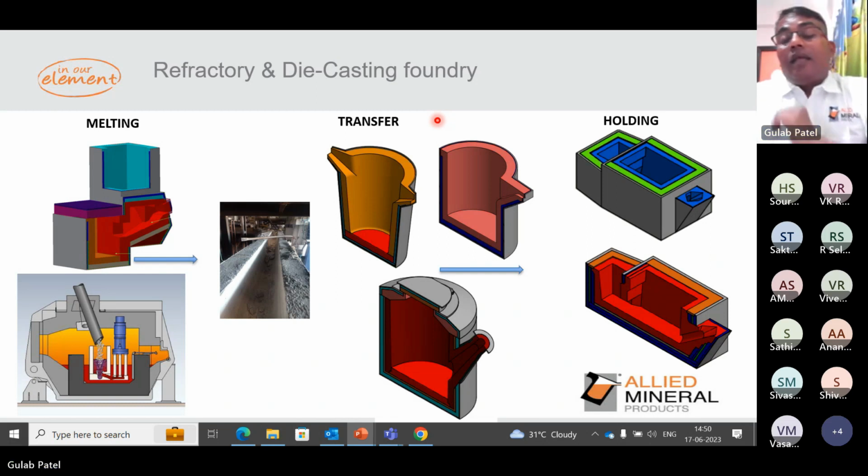And in these equipments, the cost of the refractory itself is almost 50-50. So we have to give thorough and very focused attention to refractory products, because they directly affect a lot of things, not only the operation but also the cost of production.